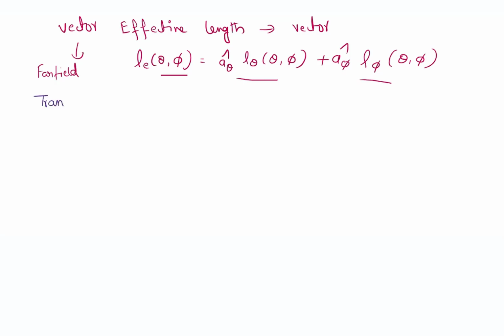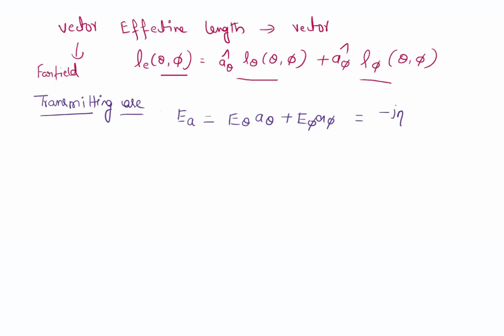Now we'll see this vector effective length in two cases. The first case, the transmitting case. When a transmitting antenna radiates an electric field, that electric field in the far field region is given by E = E_theta a_theta + E_phi a_phi. These are the components along theta and phi, because when the field is in the far field region, the direction is radial, so it has components along theta and phi.